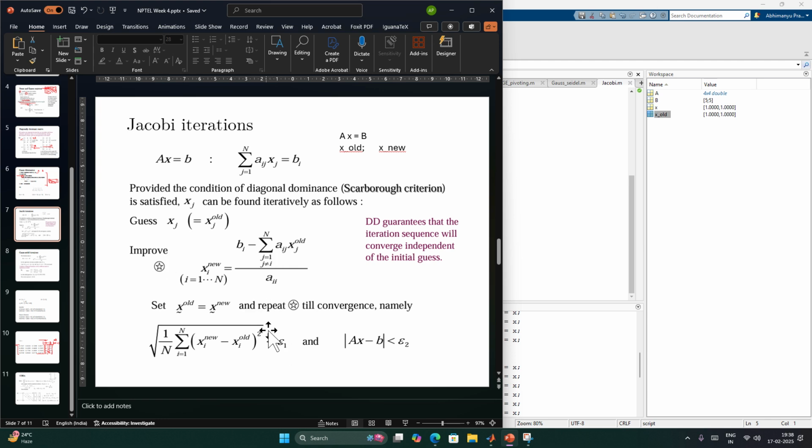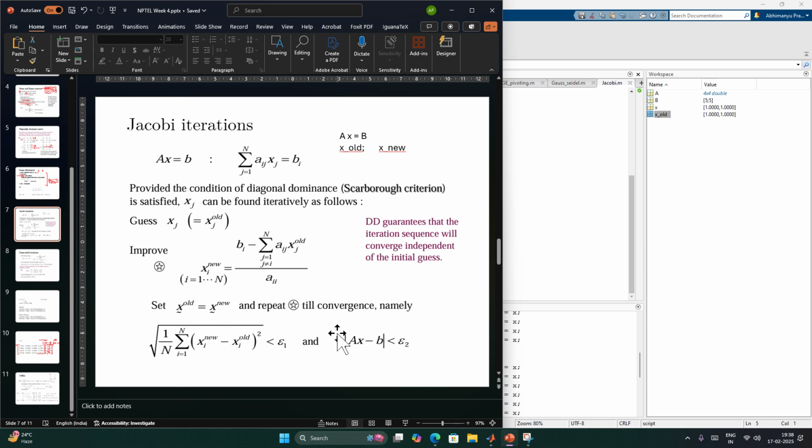And another check that we need to make is that our overall problem, Ax minus b, that is the linear problem, is also less than some tolerance. Sometimes what happens is that these values do not change. There is very little change between the two iterations, old and new. So this tolerance is satisfied, but this tolerance is not satisfied.